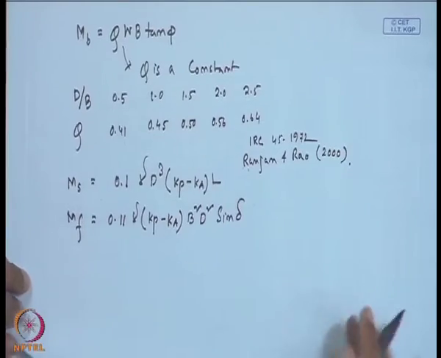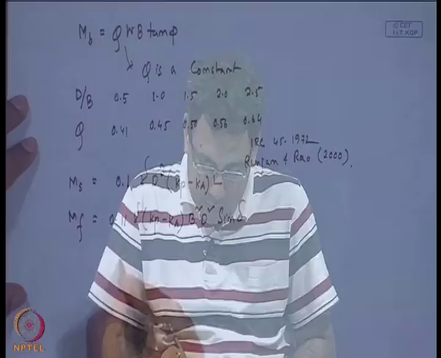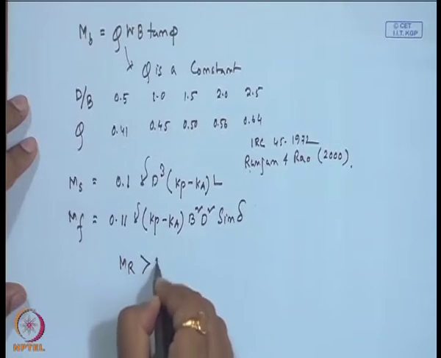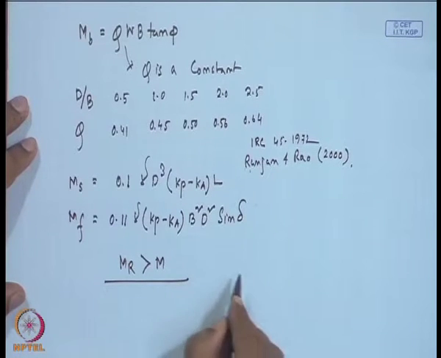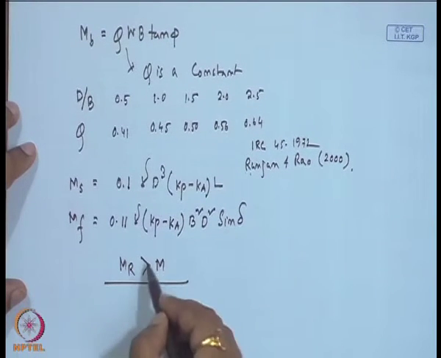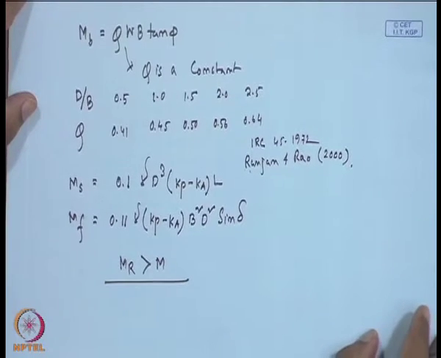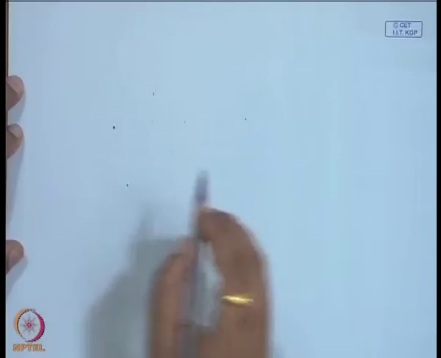Once we calculate this value, we can complete our check, and again as I mentioned, MR should be greater than M. Once we complete this checking, you can say that this well is laterally stable. Now, we will solve one problem and see how we can use these expressions to check the well against a lateral load.